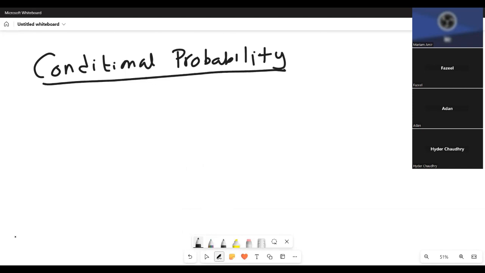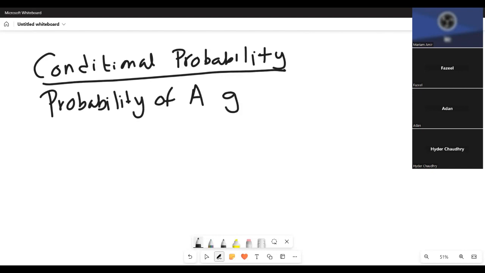Conditional probability is the probability of A given event B has occurred.